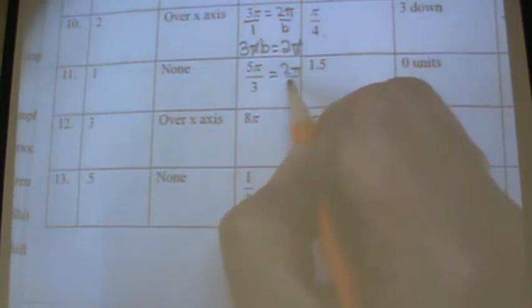Number 11. So help me find the b value. What do you get? I get 5 pi b equals 6 pi. What is it? 6 over 5.